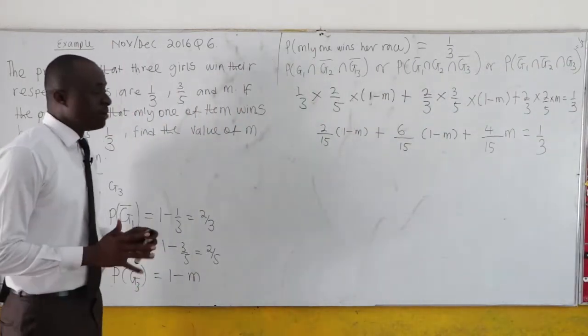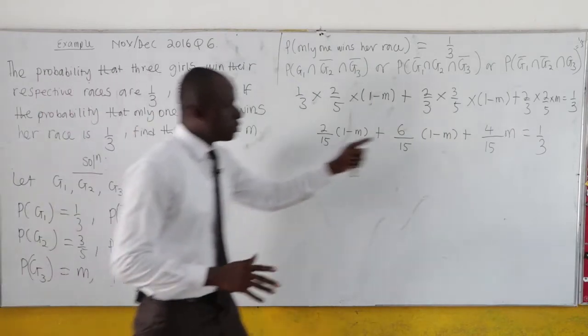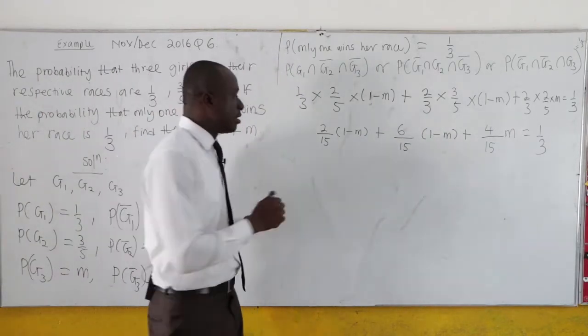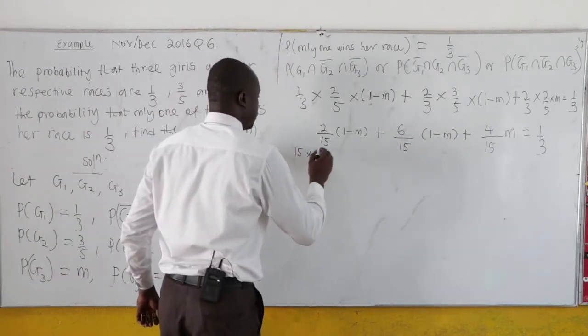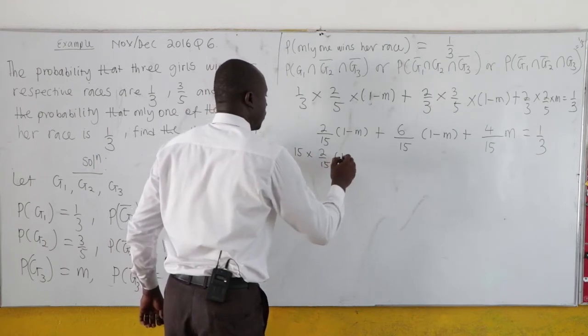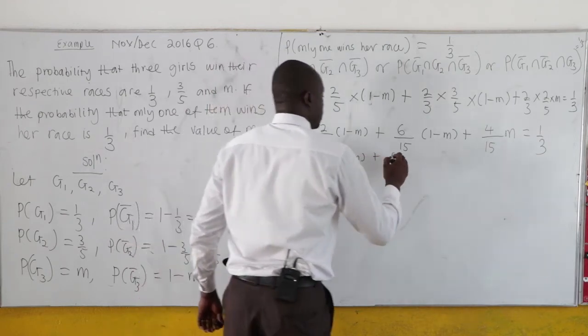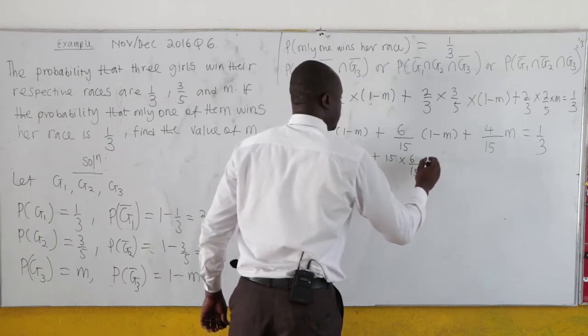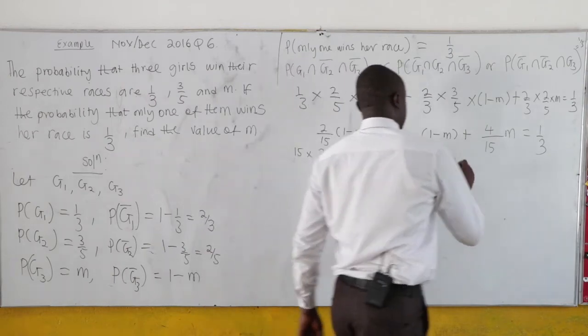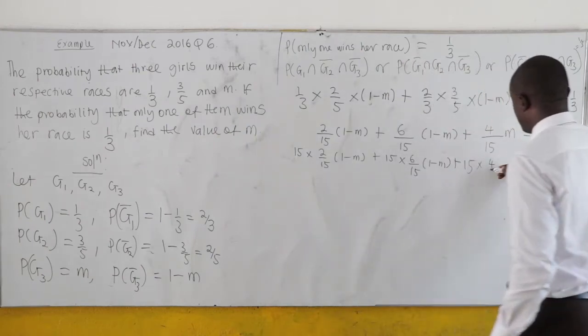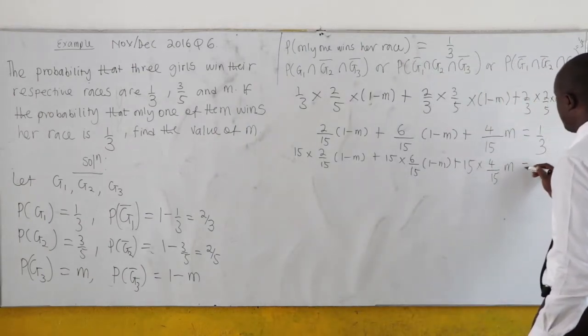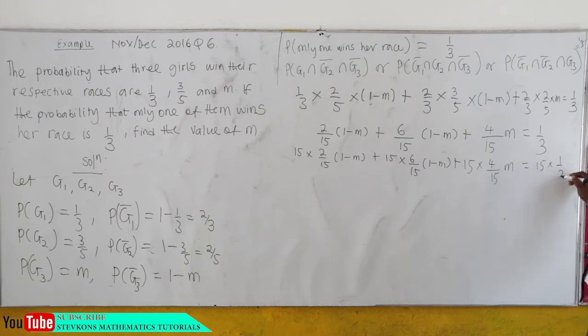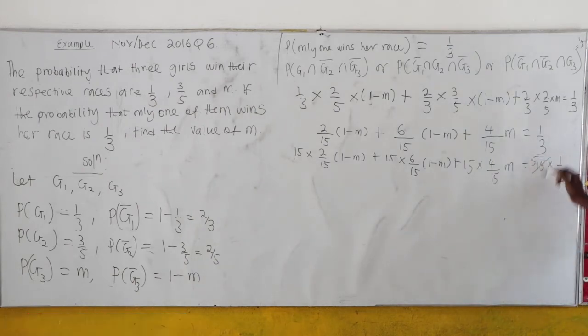Now, what is the LCM? The LCM is 15, so I have to multiply each term by the LCM, which is 15. So we have 15 times 2 over 15, 1 minus m, plus 15 times 6 over 15, 1 minus m, plus 15 times 4 over 15 m, equals 15 times 1 over 3. 3 going into itself 1, 3 going into 15, that is 5 times.